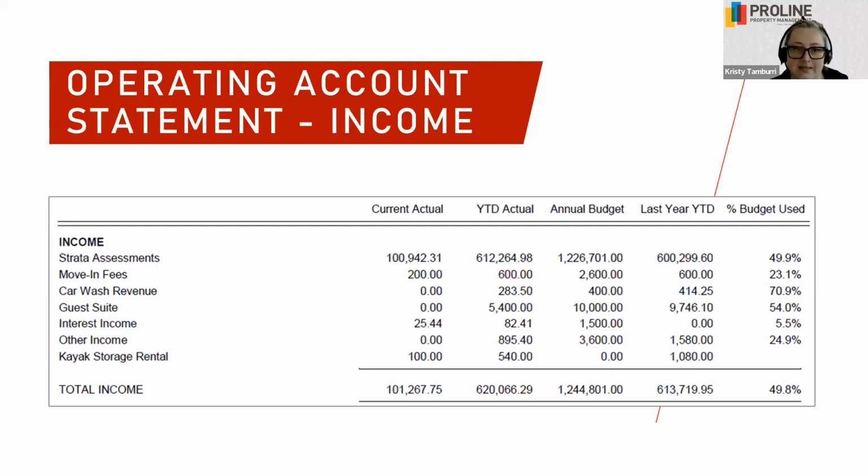For this example, we've broken down move-in fees, car wash revenue, guest suite, interest income, and other income, which typically for most strata corporations includes income related to bylaw fines and income related to the purchase of replacement keys and/or fobs, garage remotes, that type of thing. So that is the income portion of the operating statement.